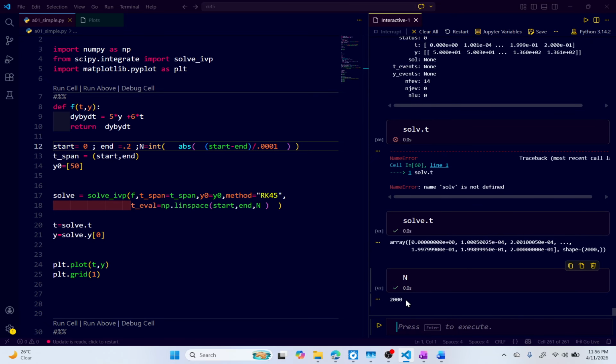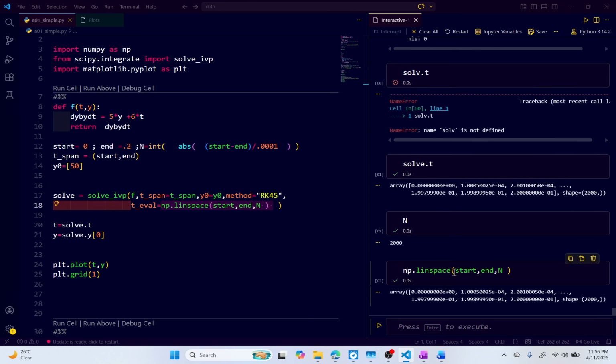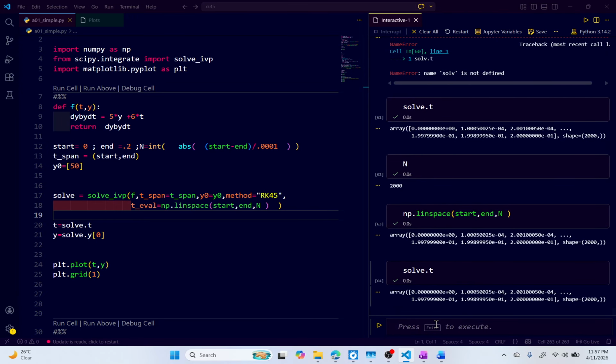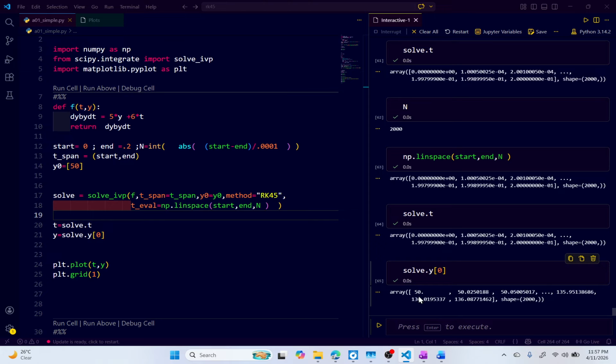You see n is 2000, and this gives you 2000 samples of numbers. You give these 2000 samples to solve_ivp, telling it to find the value at these times, and that's why you have solve.t with 2000 samples of time, and solve.y[0], which gives the output value at those times. You have 2000 times and 2000 outputs for those specific times.